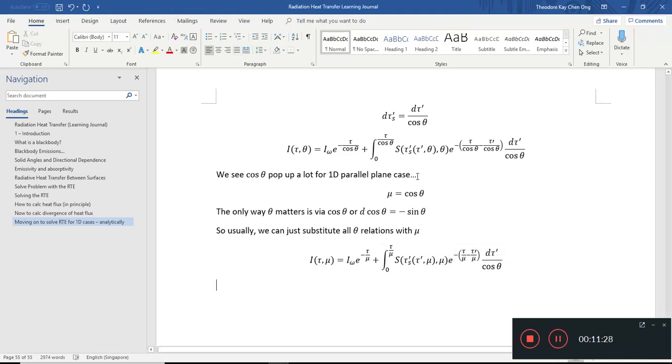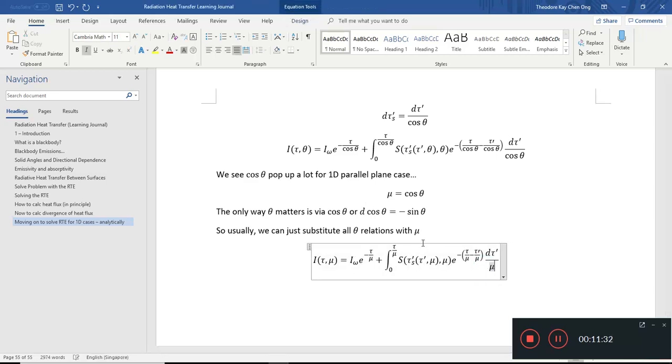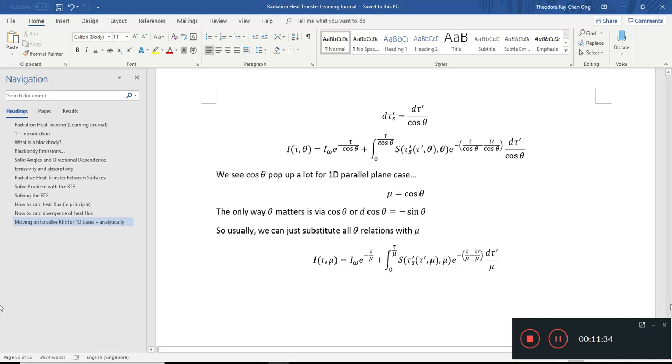So d tau prime will again be divided by mu at the end of the day. This you can bring out because it's a constant. For a fixed mu, this mu here doesn't change, so you can bring it out of the integral because it doesn't change with tau prime.